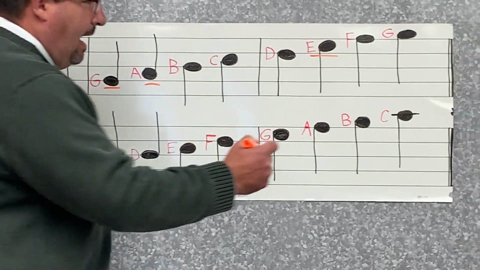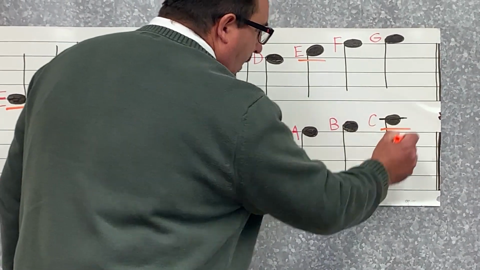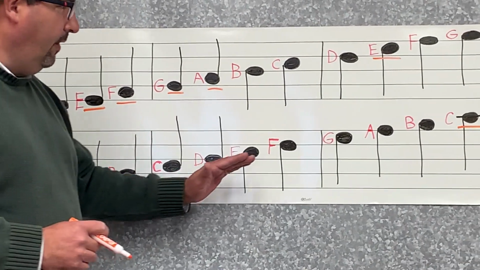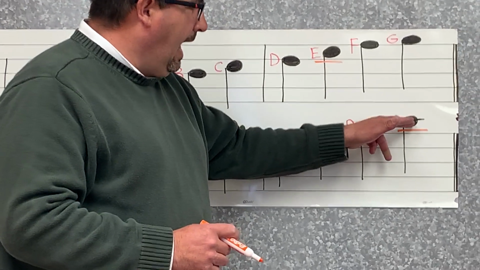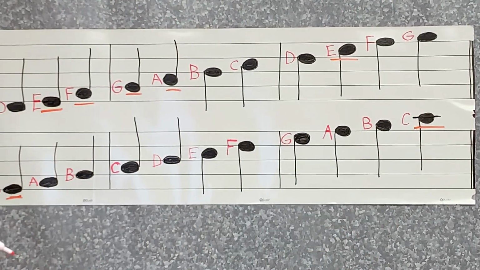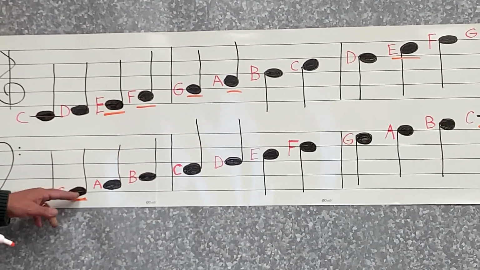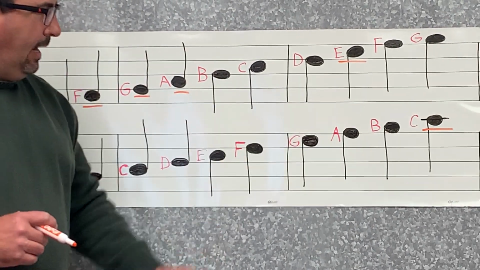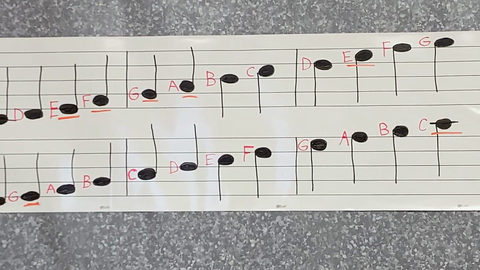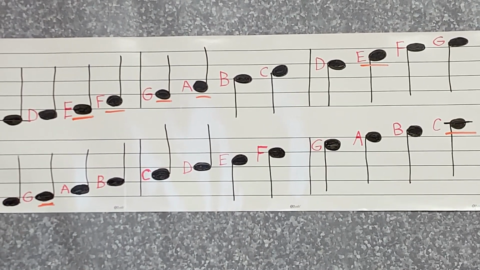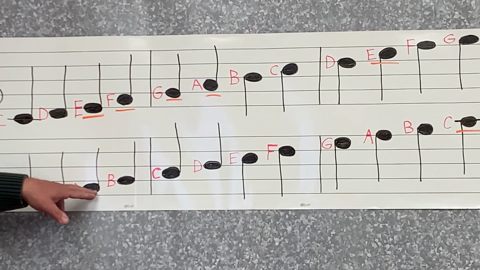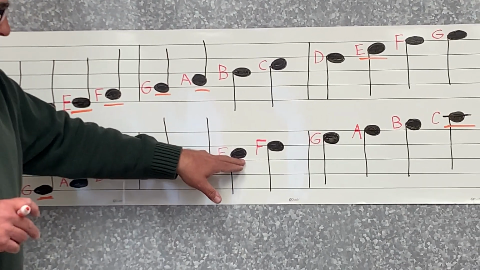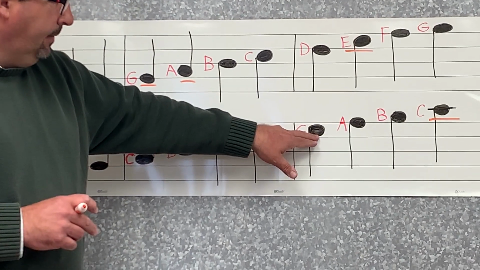Correct. Ellis, good job. It is the C. And we know that because we're going up the scale, and this note is the highest note. Okay? Now, if we know that we have G, B, D, F, and A on the lines, which notes are in the spaces? We have A, C, E, and G.